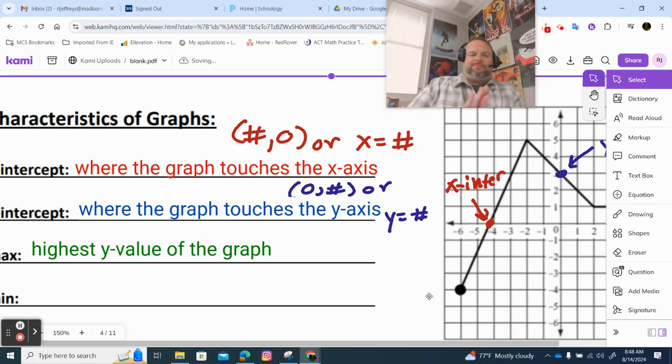We say max because it goes up. We're not really worried about out, we're worried about up and down. Like a vertical jump, not a long jump.